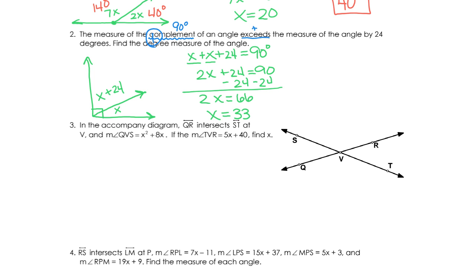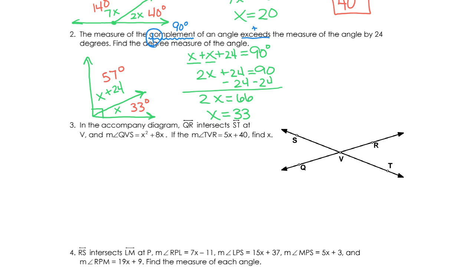And did we answer the question? They said the measure of the complement of an angle exceeds the measure of the angle by 24. So this angle is 33 degrees, and this angle is 57 degrees.